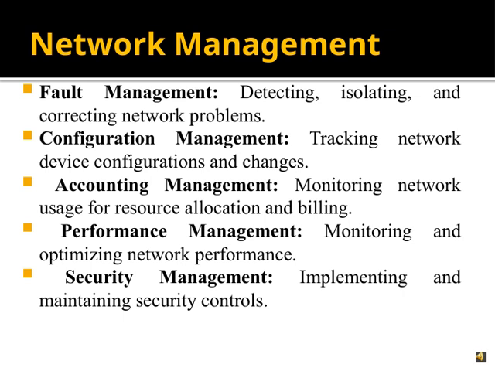It's about keeping everything running at peak performance, which directly impacts user experience. Finally, security management. This is arguably the most critical aspect, involving implementing and maintaining security controls to protect our network from threats and unauthorized access. It's about creating a secure environment so our data and resources stay safe.